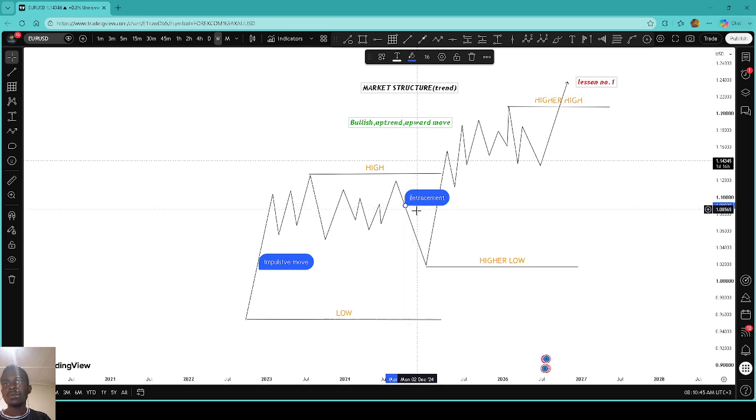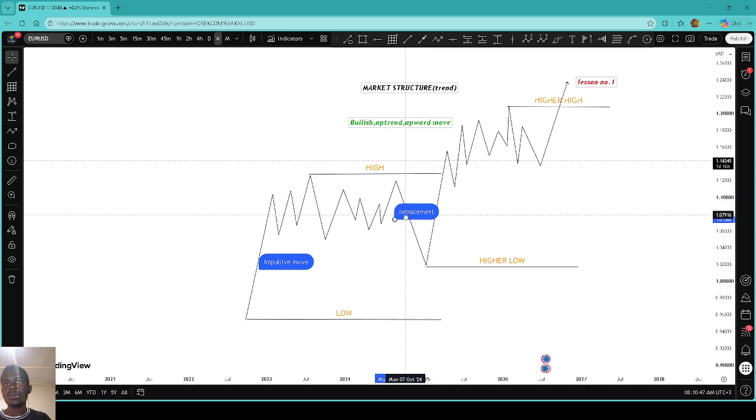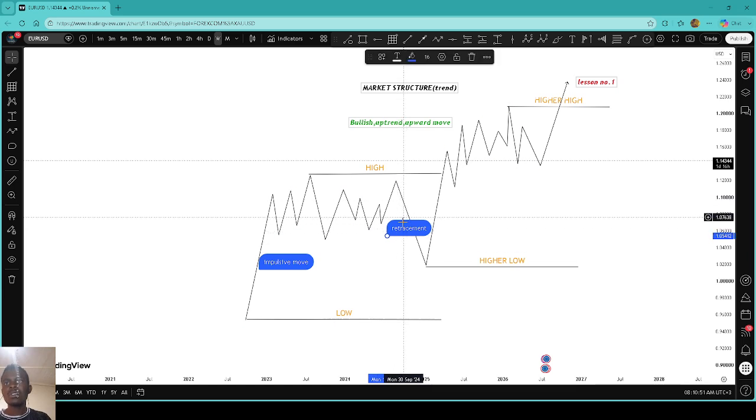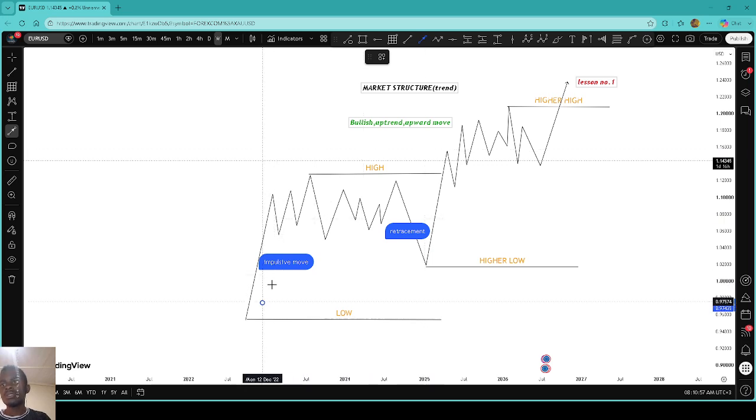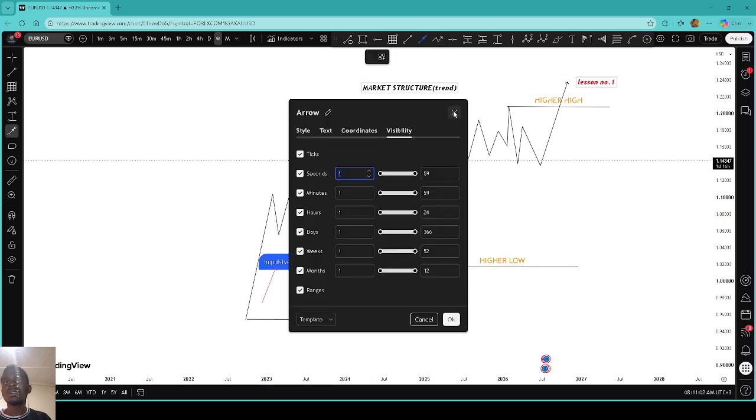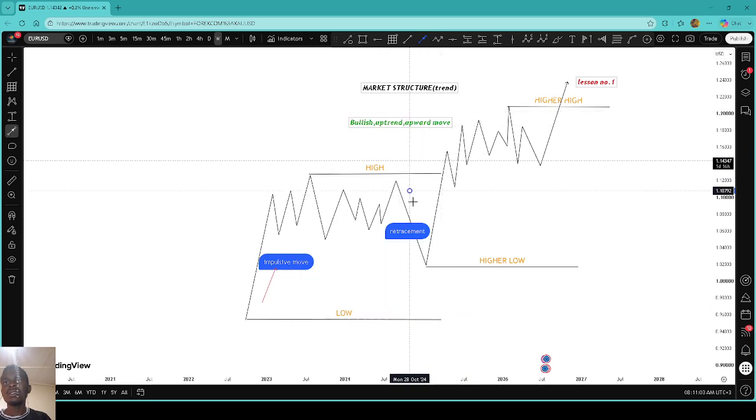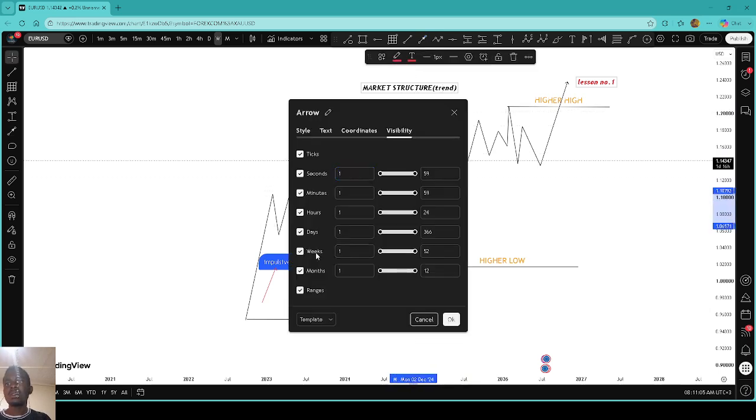Retracement. This one is the retracement. Now this move downward is the retracement. So this one is the impulsive, and then this one is the retracement.